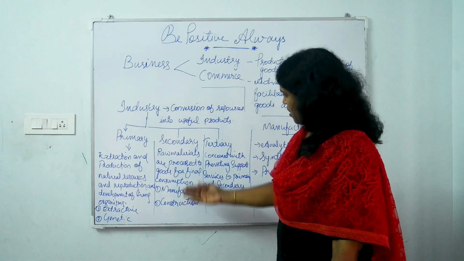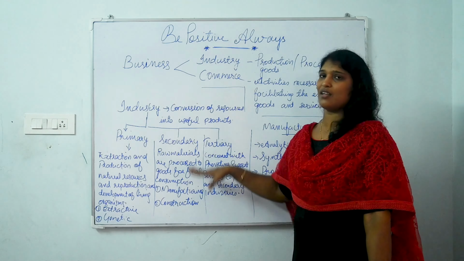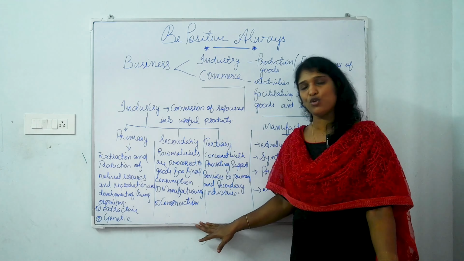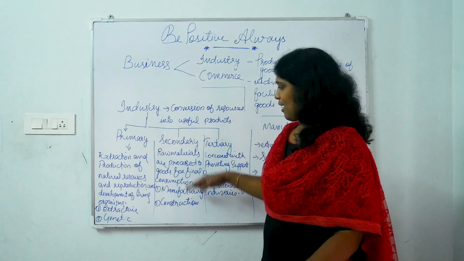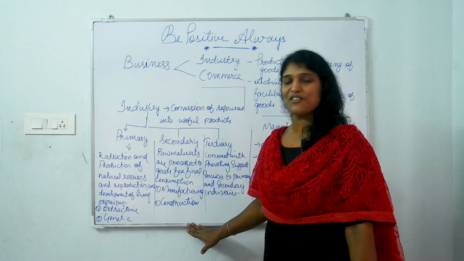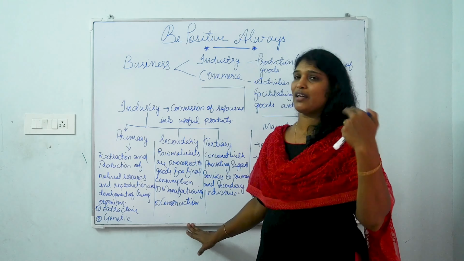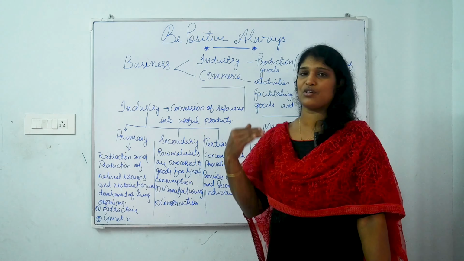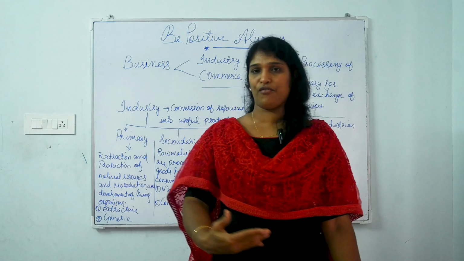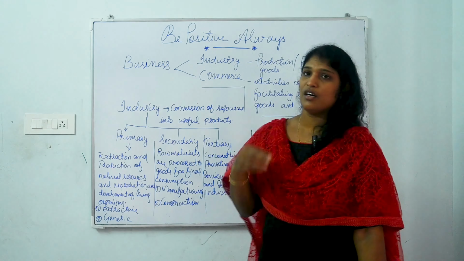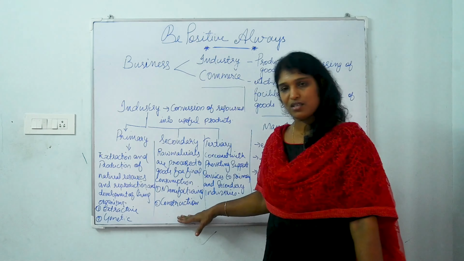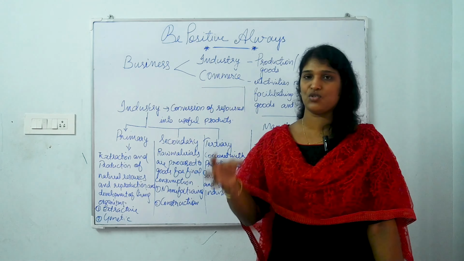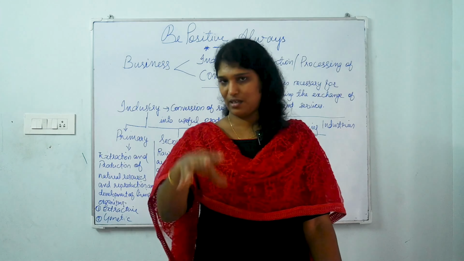Coming to secondary industry, here the raw materials are converted into finished products, and it is classified into two: manufacturing and constructive industry. Manufacturing industry is related with the production or processing of goods. Constructive industry is related with the construction of roads, canals, bridges, etc.